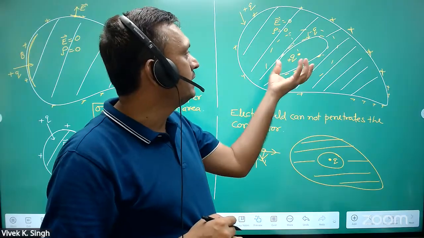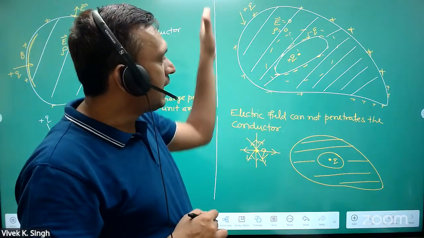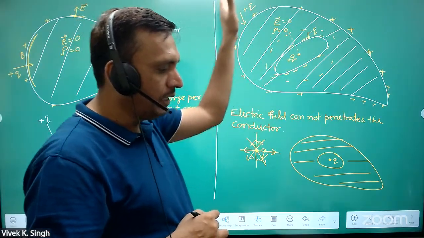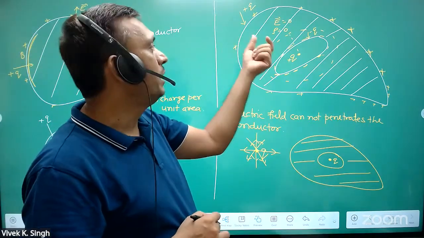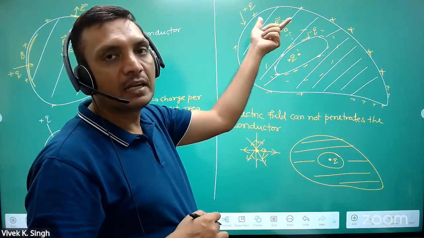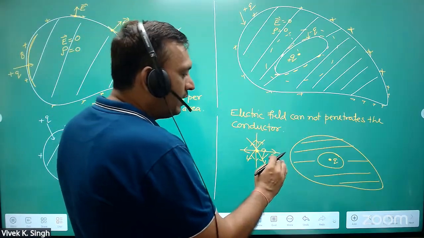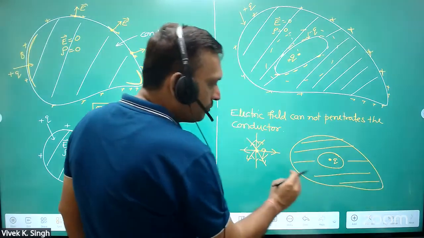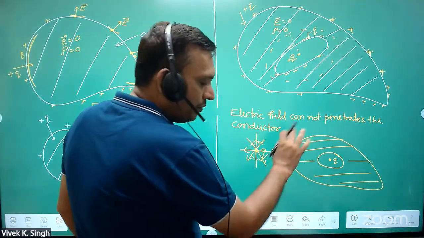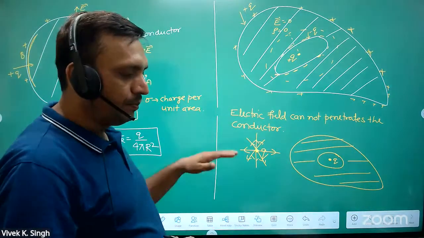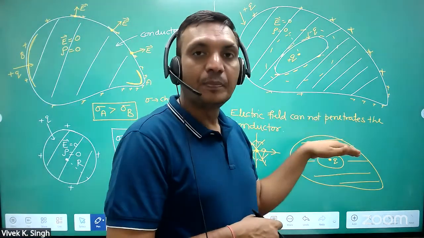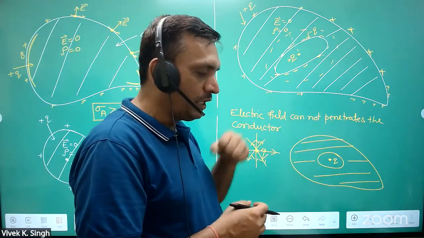If charge Q is inside, that will give you the charge plus Q on the outer surface, and there will be charge accumulation inside, so that net electric field is 0. But if you have a charge plus Q outside, then only the charge distribution over the surface will change, but the electric field cannot penetrate, and there will be no charge accumulation inside.